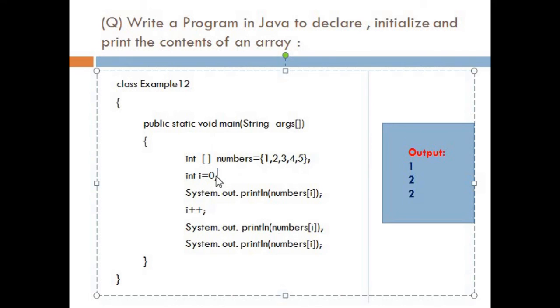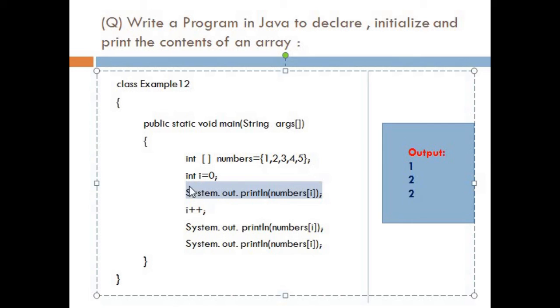As of now, the array variable numbers holds the elements 1, 2, 3, 4 and 5, and the variable i holds only one value, which is 0. And once this statement terminates with a semicolon, come to the next statement.